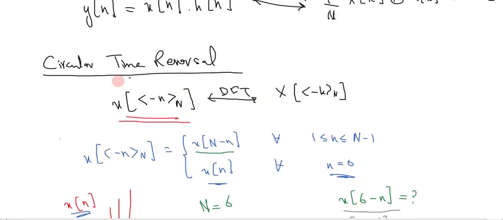Let me repeat, if you do circular time reversal in time domain, your discrete Fourier transform will also be circularly reversed in frequency.